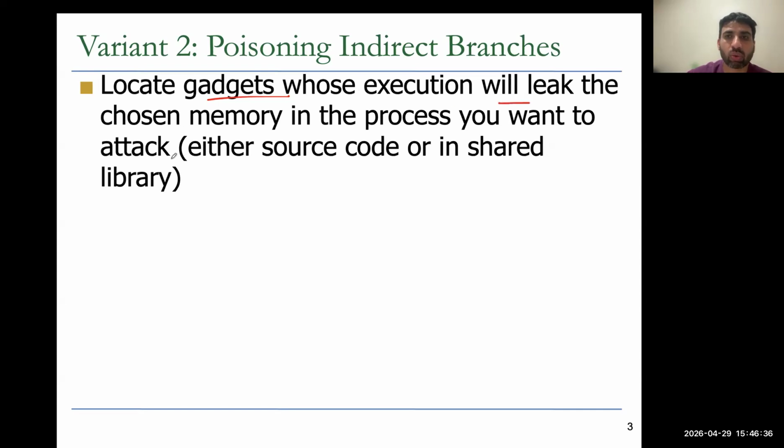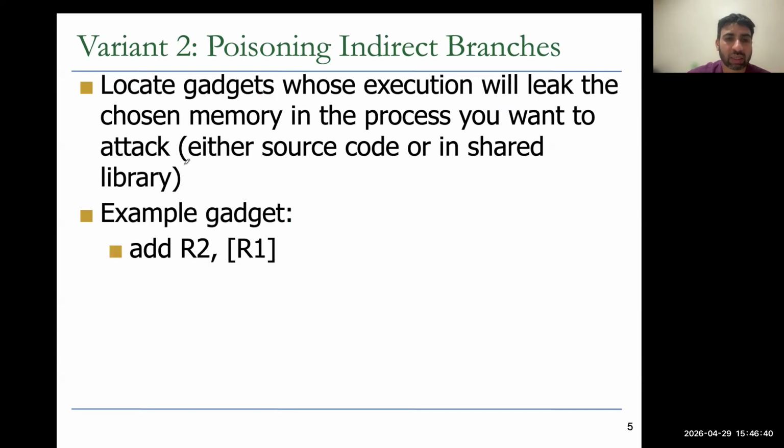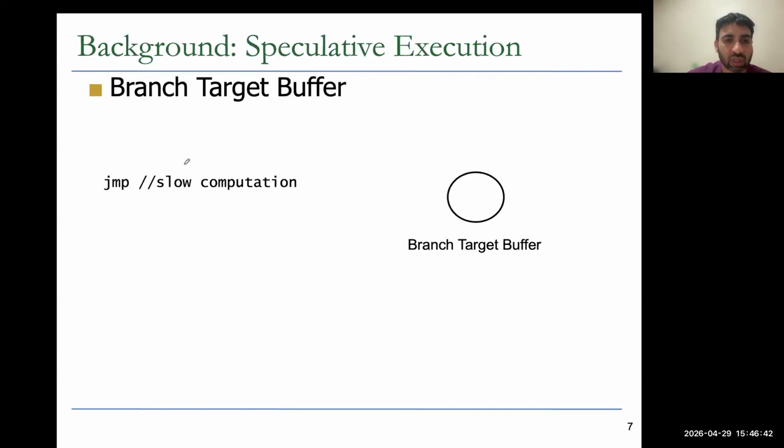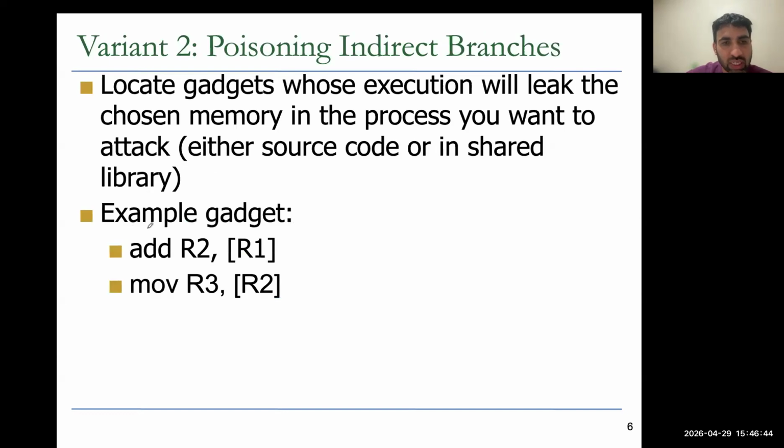So for example, this is an example gadget. Let's say you have two instructions in the address space of the victim. When I say in the address space of the victim, it can be a shared library, a code library which is mapped in the address space of both the attacker and the victim.